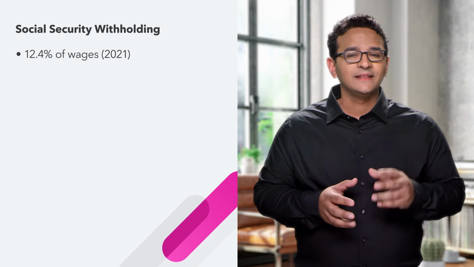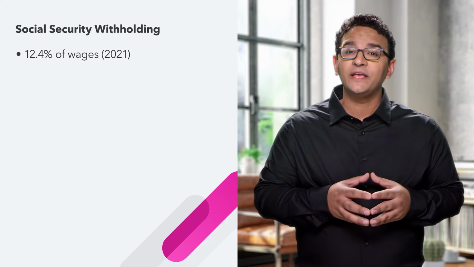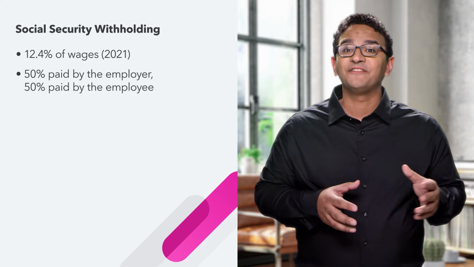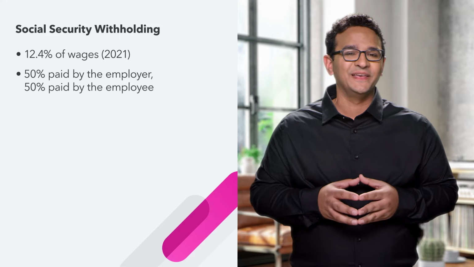There's also Social Security withholding, which is actually split between employee and employer. So the employee sees 50% of the total amount in their paycheck. As of 2021, the total rate of employee wages towards Social Security is 12.4%, of which half is paid by the employer and half by the employee.